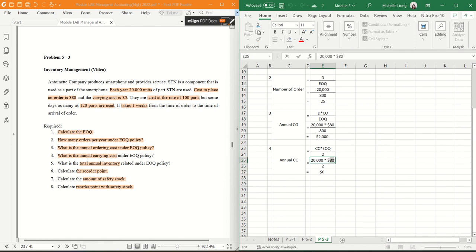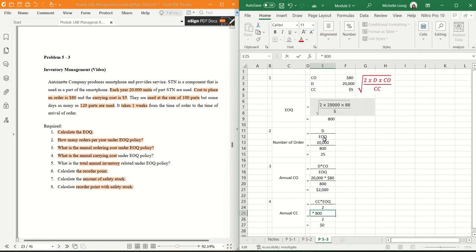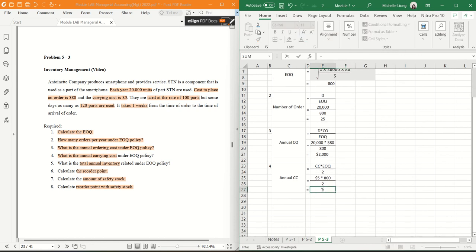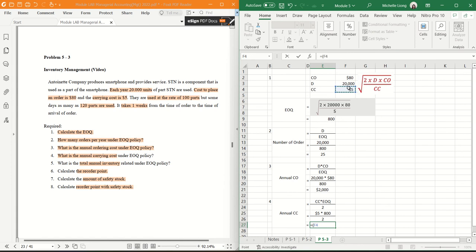The EOQ is 800 and the CC is $5. So this is $5 times your EOQ divided by 2. We get 2,000 as well.